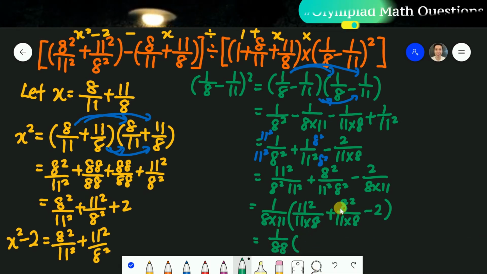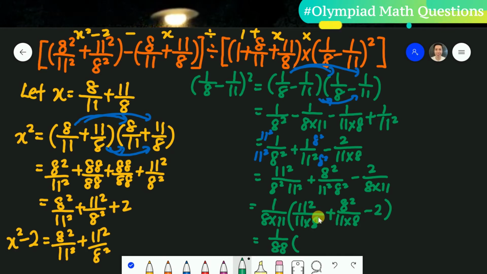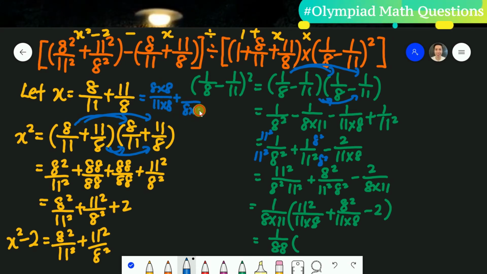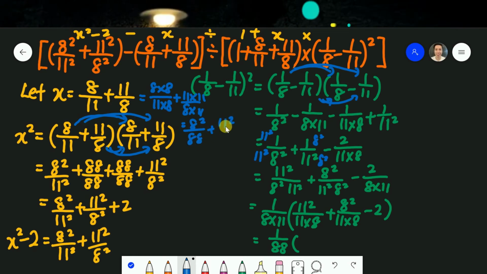What is the value of this part? We can go back to x. If you combine this into a single fraction, we have 11 times 8, 8 times 8 plus 8 times 11, 11 times 11. So actually we have 8 squared over 88 plus 11 squared over 88.